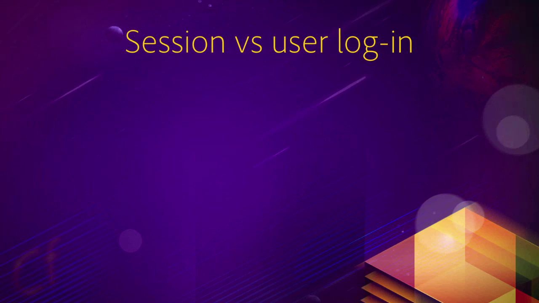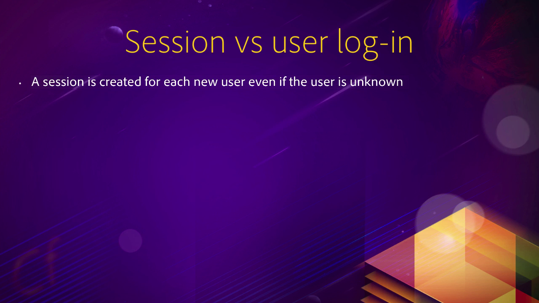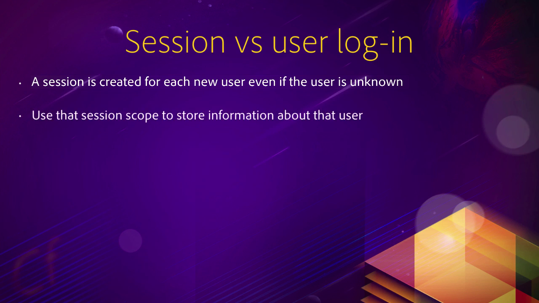Now, how does a ColdFusion session differ from a user login? On the first page requested by a user, a session is automatically created for that user, even if the user does not log into the application. This is made to enable the developer to store some information about a user and about the user session, even if that user is unknown to the application. Take an online store, for example.